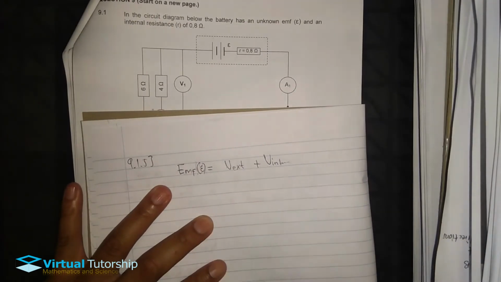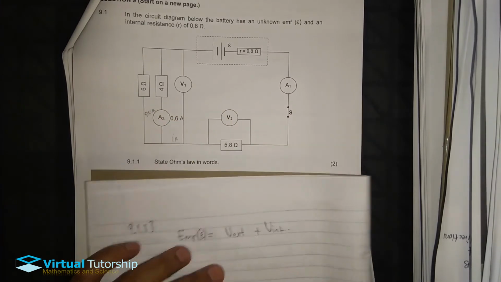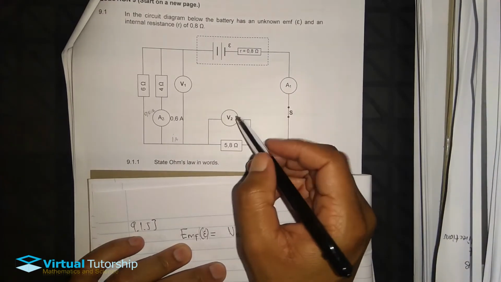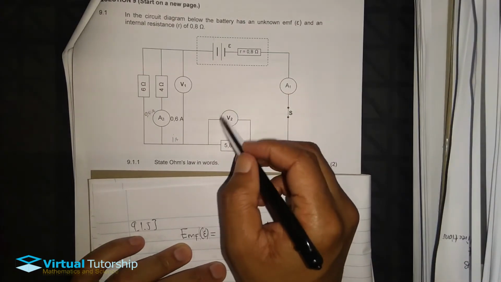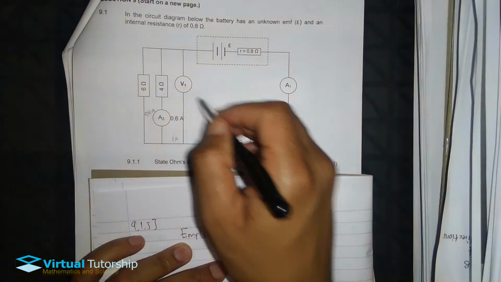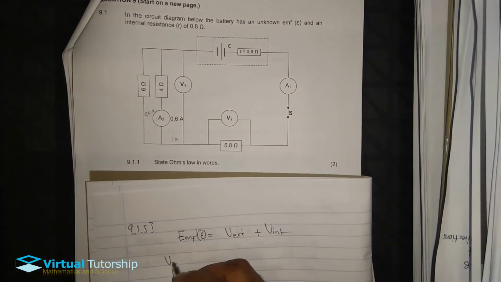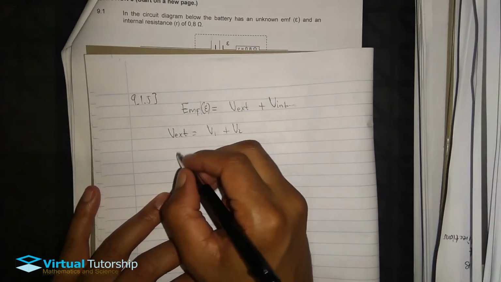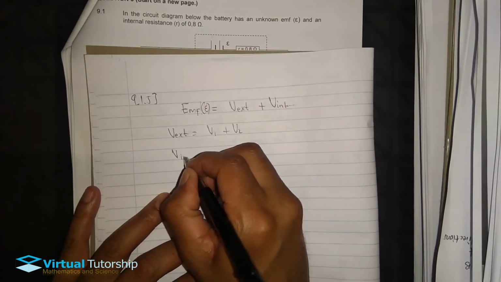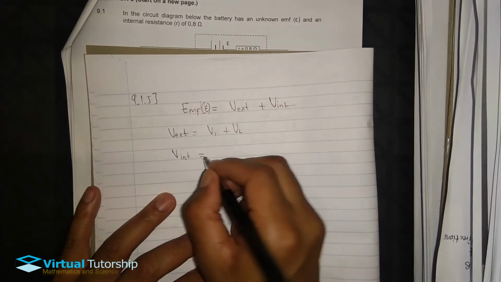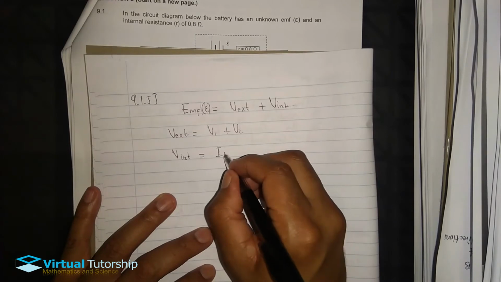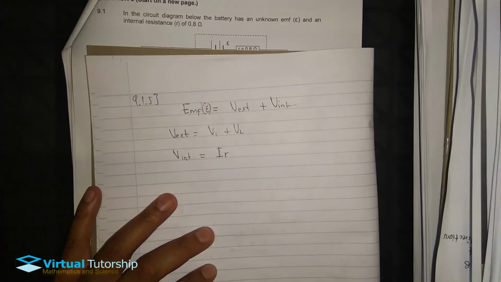The potential difference in the external circuit is the potential difference measured across this one and the potential difference measured across this one. So adding V1 and V2, V external is equal to V1 plus V2, and V internal is equal to current times the internal resistance.